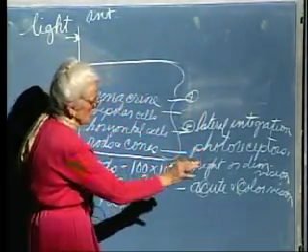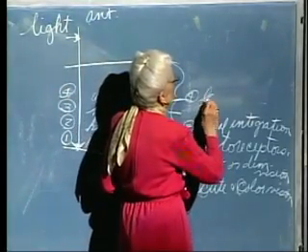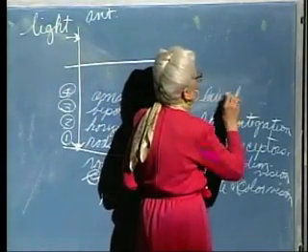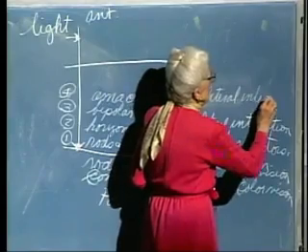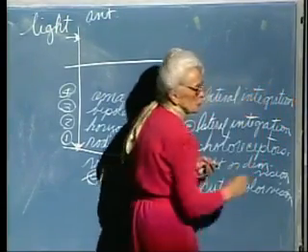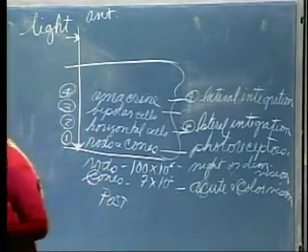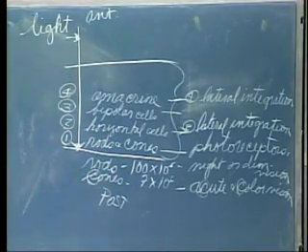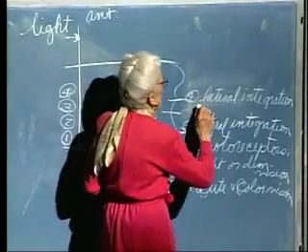They're again lateral integration. What makes them different? What's amacrine mean? They have no axon. A, without.